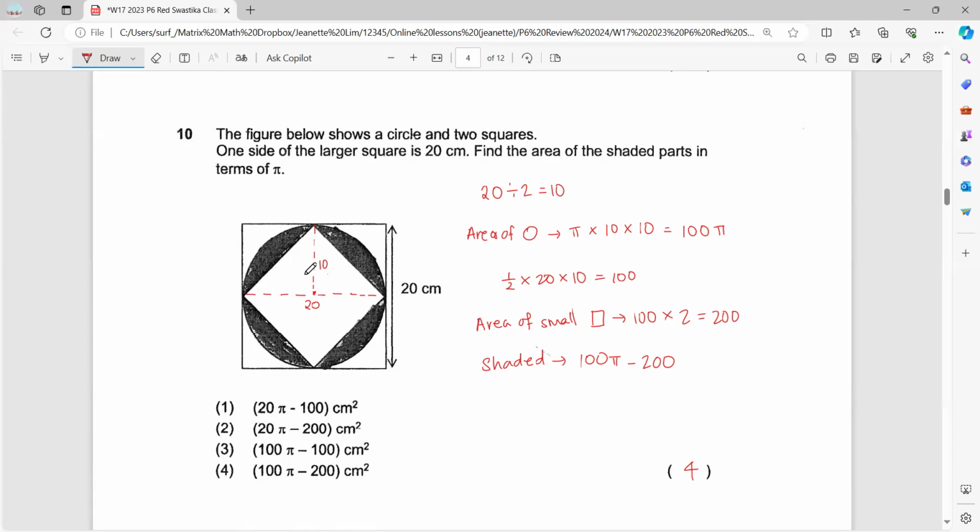The other way to find the square is you can take 20 times 20 to find the whole square. Then you cut the big square up into, you draw these two lines and you end up with 8 triangles, right? The smaller square is occupying 4 out of the 8 triangles, which means that it's half the area of the big square.